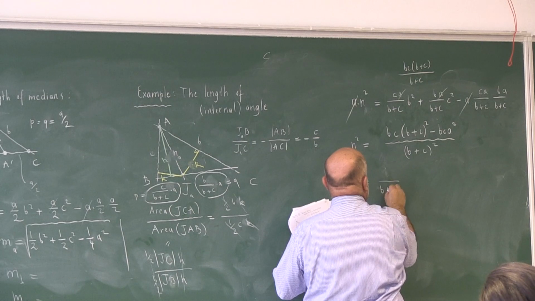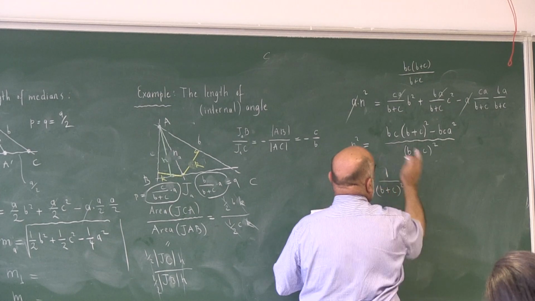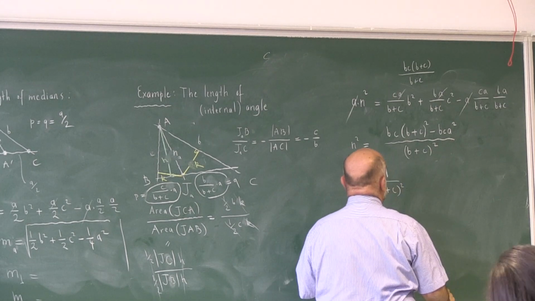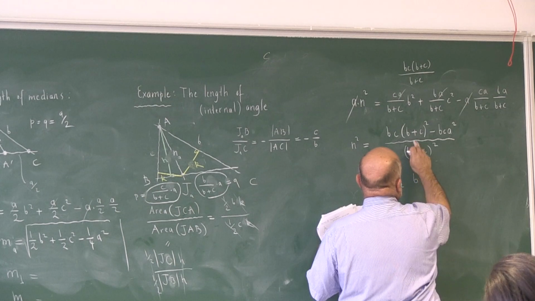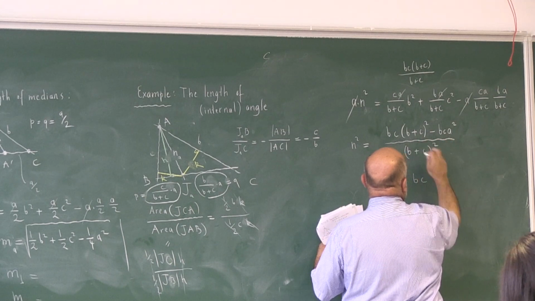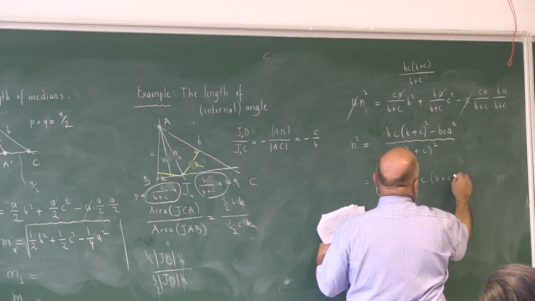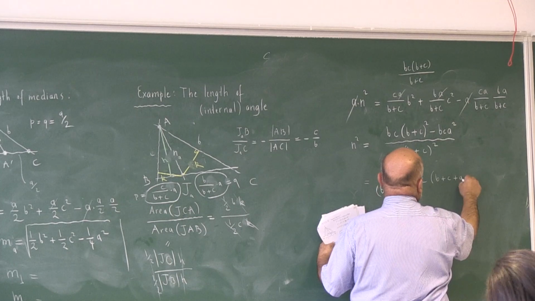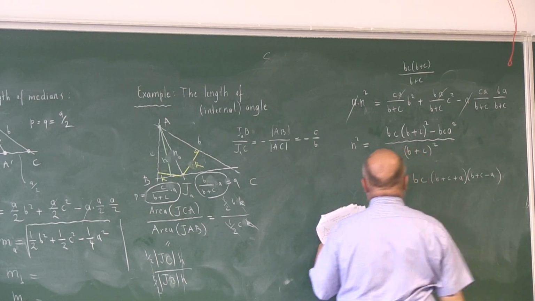B plus C squared, let me think of this as a separate identity. And then let me write b times c. And now what remains is the difference of two squares, b plus c minus a squared. So I've got b plus c plus a, b plus c minus a.